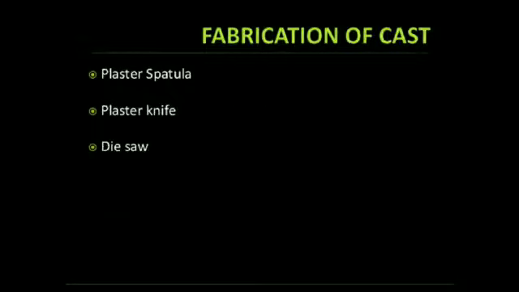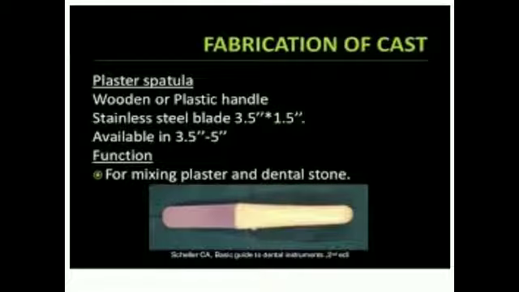Finishing and polishing instruments. For fabrication of casts, we use a plaster spatula, wax knife, and die saw. The plaster spatula has a wooden or plastic handle and a stainless steel blade, 3.5 mm by 1.5. It is available in the market in 3.5 by 5, used for mixing plaster and dental stone.